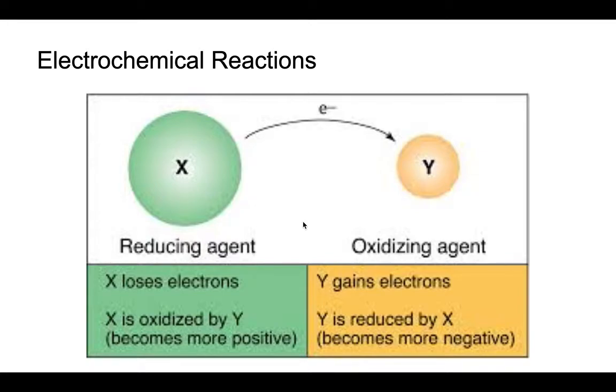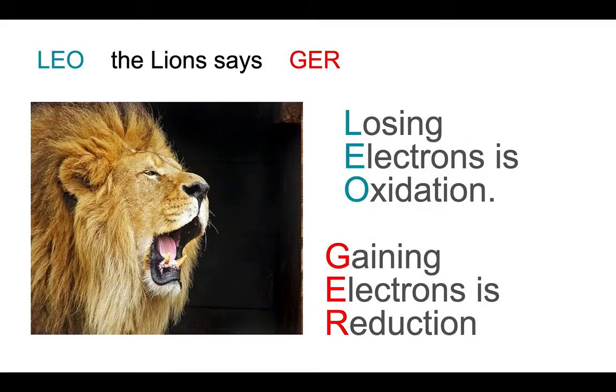The important thing to start off with is being able to remember what goes with what. Oxidation and reduction: which one is gaining the electrons? Which one is losing? There are two memory devices, at least that I've heard of, so I'll show you both of those. The first is Leo the Lion says GER. Leo stands for losing electrons is oxidation: lose electron, oxidation.